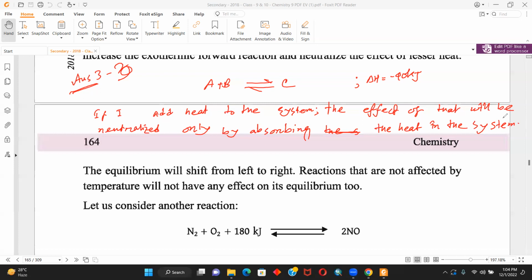If you are winning by scoring goals, the neutralizing factor is conceding goals. If you are spending money to buy products, the neutralizing factor will be to save the money. It's like the opposite thing. If you don't even remember the term neutralizing, just remember that the opposite thing will happen.